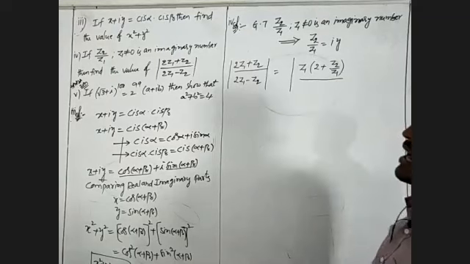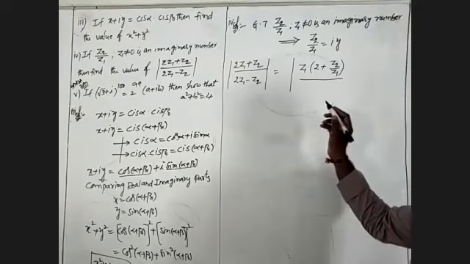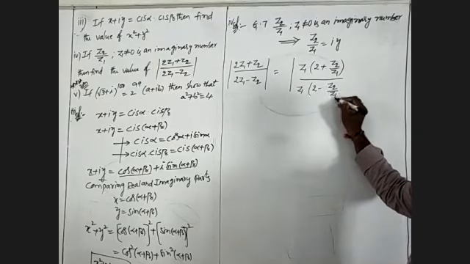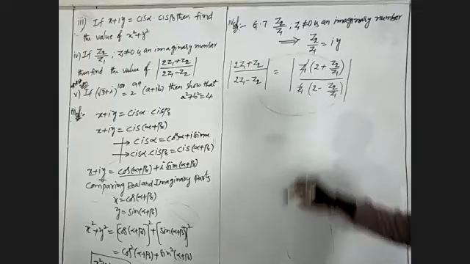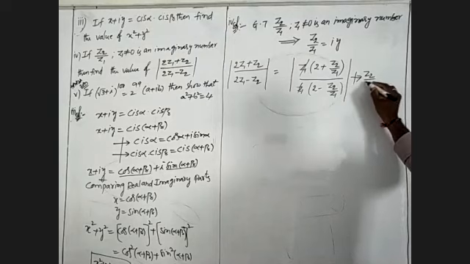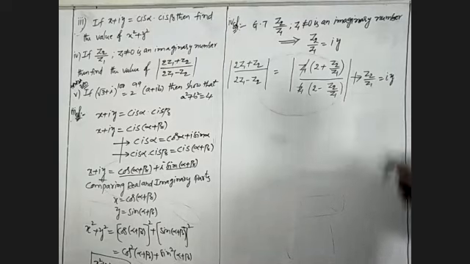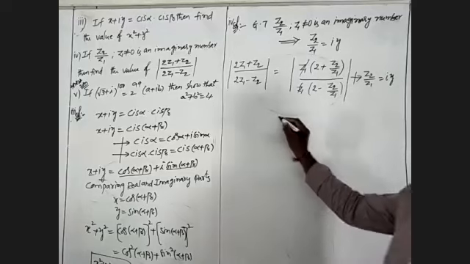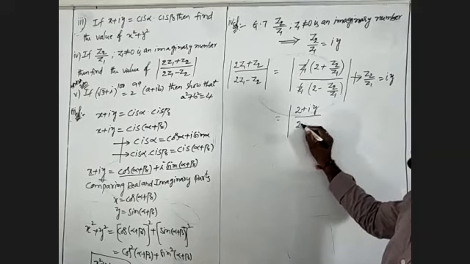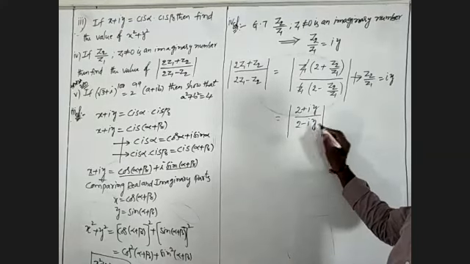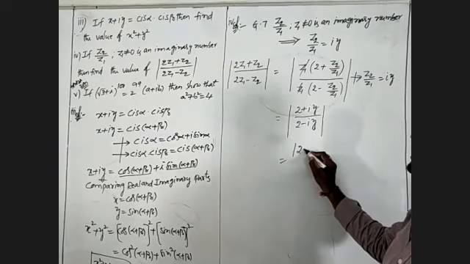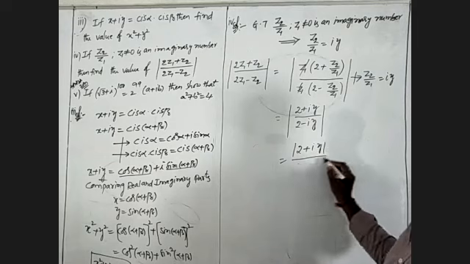After that, in the denominator also z1 common: z1 into 2 minus z2 by z1, where z1 and z1 will be cancelled. Also by the problem, z2 by z1 will become iy. That means mod of 2 plus iy by 2 minus iy. We have to split mod of a by b as mod a by mod b.